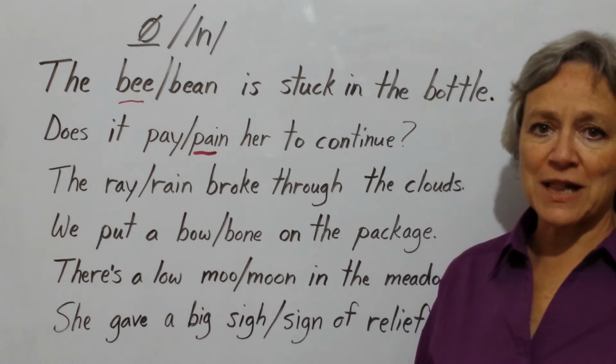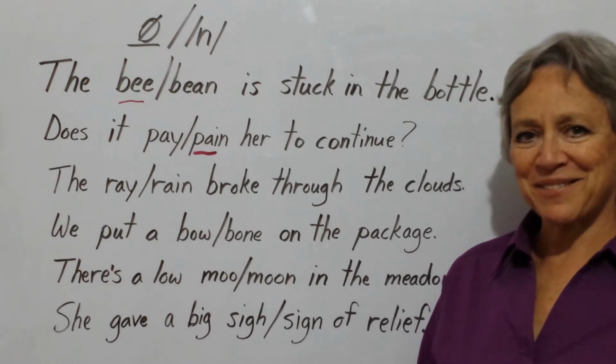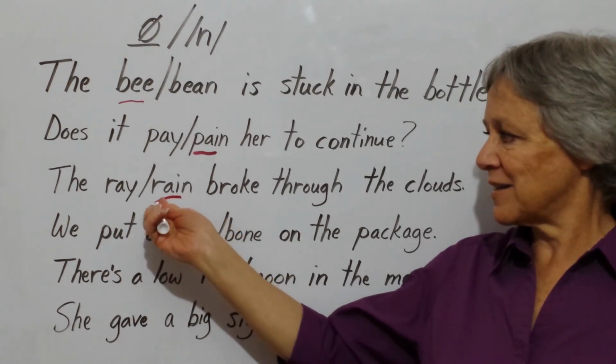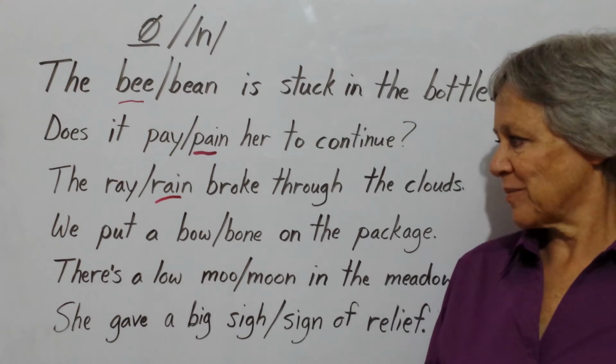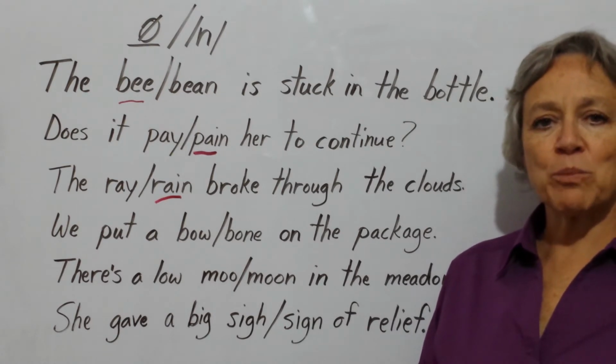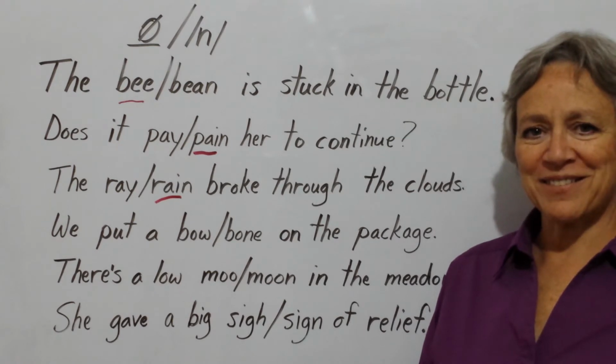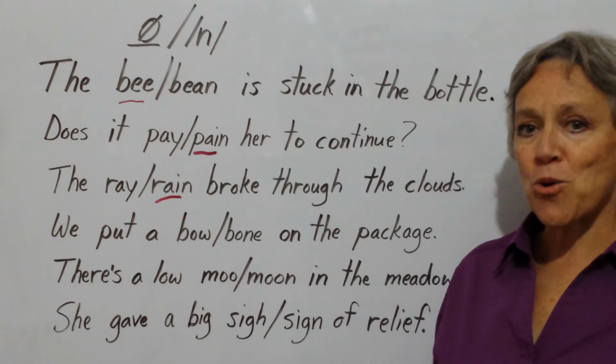The rain broke through the clouds. Okay. Which one? Rain. We put a bow on the package. Okay, which one? Bow.